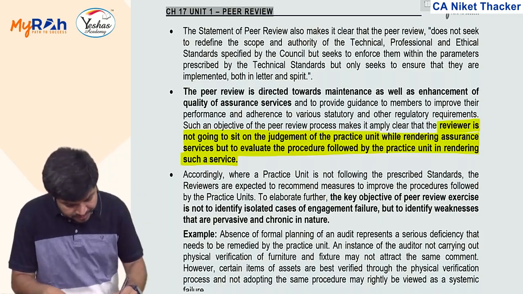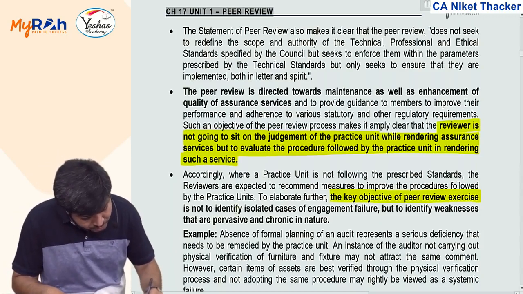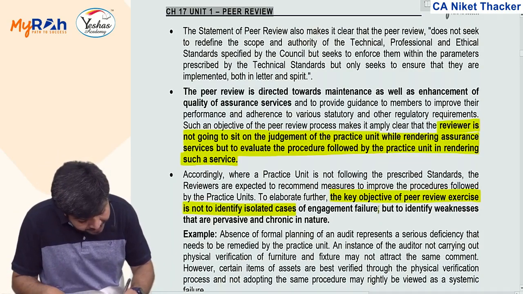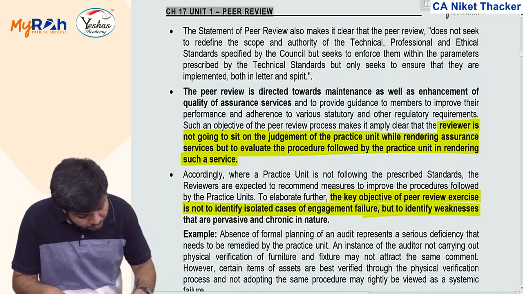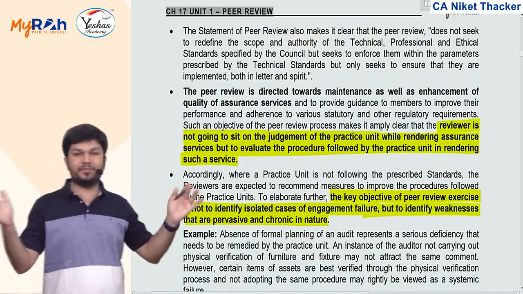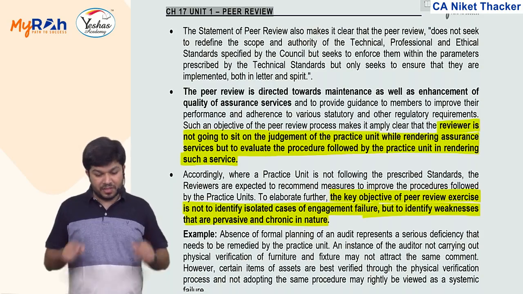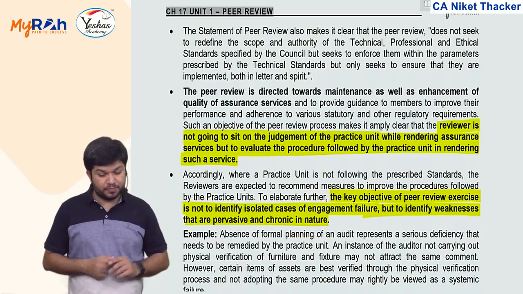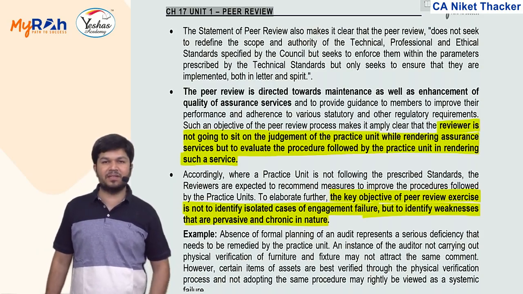So see, the key objective of peer review exercise is not to identify isolated cases of engagement failure, but to find out the weaknesses that are pervasive and chronic in nature. The key objective is not to identify isolated cases of engagement failure.